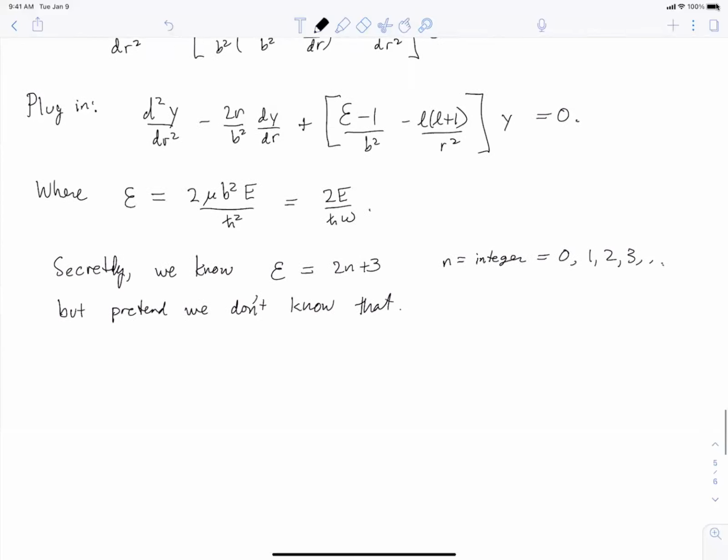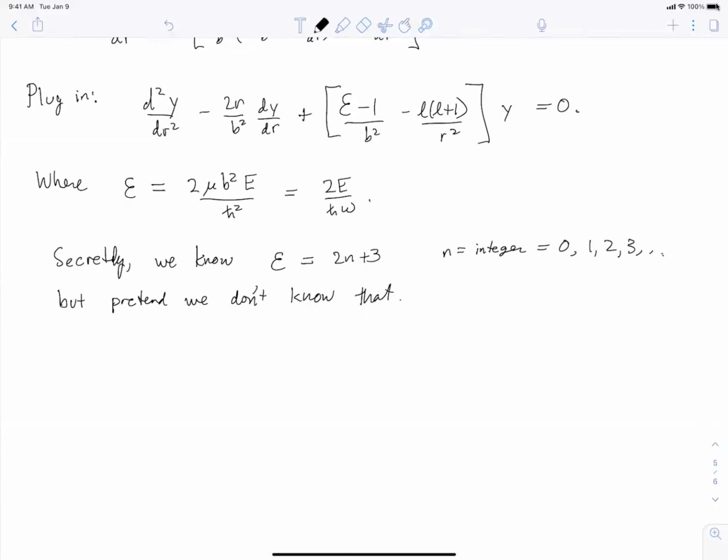Okay, so one last thing we can do is, it's again always a good idea to go to dimensionless variables if you can. And so we're going to let x equals r over b. That makes it dimensionless. So now you have to do another change of variables.